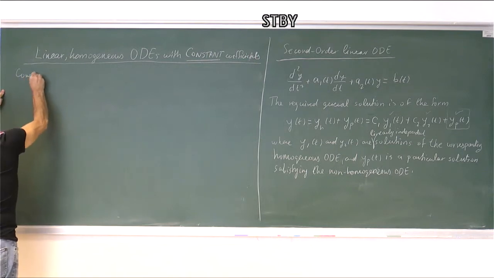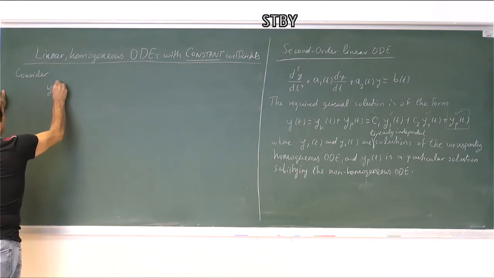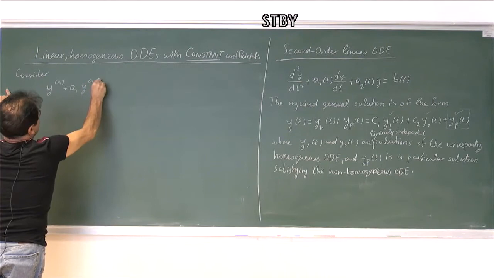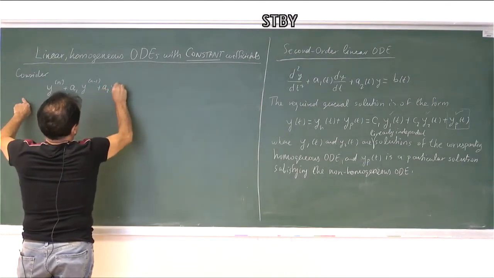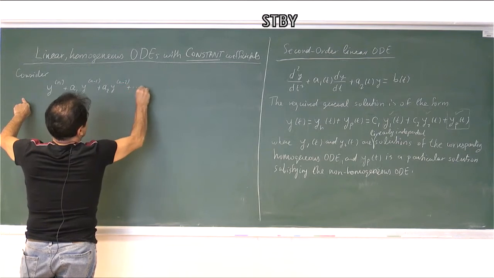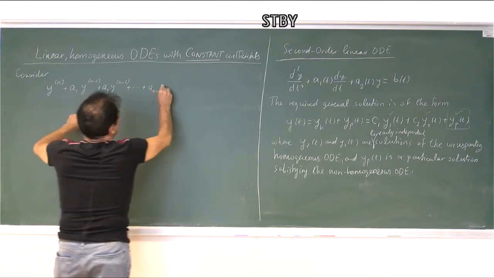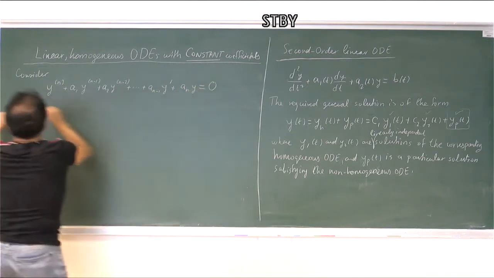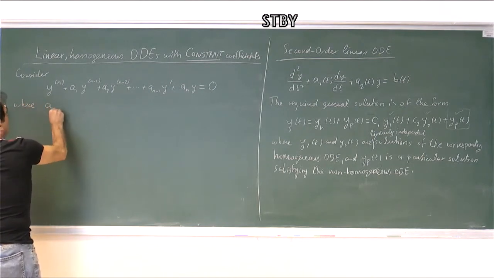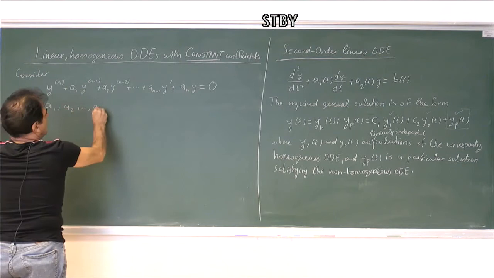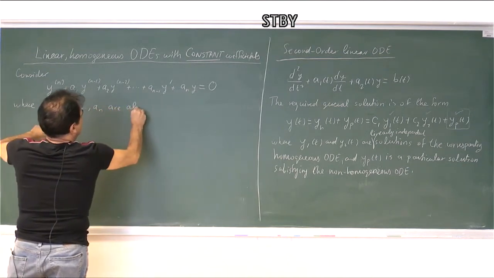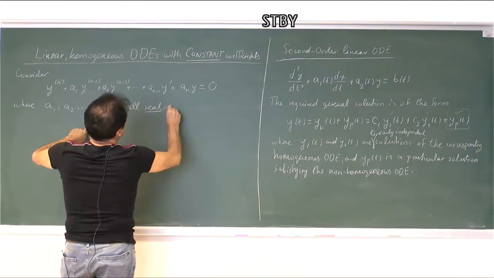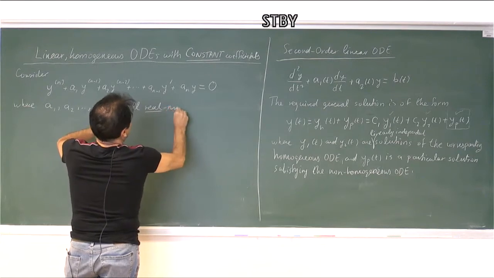So we consider this equation, y^(n) plus a1 y^(n-1) plus a2 y^(n-2) plus ... plus a_(n-1) y prime plus a_n y is 0, where a1, a2, ..., an are all real numbers.